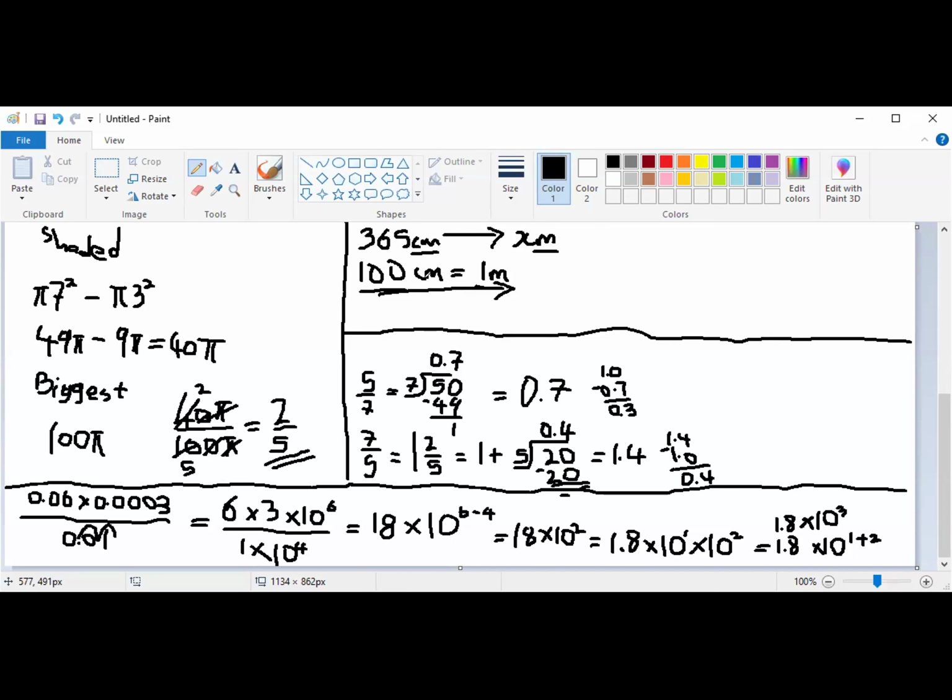So from centimeters to meters is going to be division. So all I need to do is divide 365 by 100.